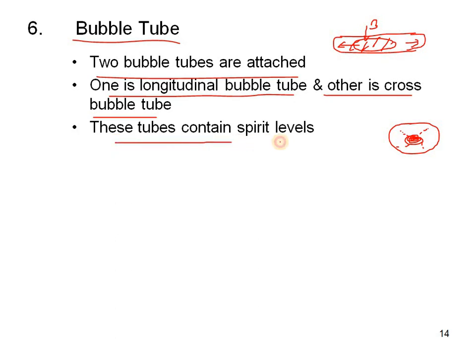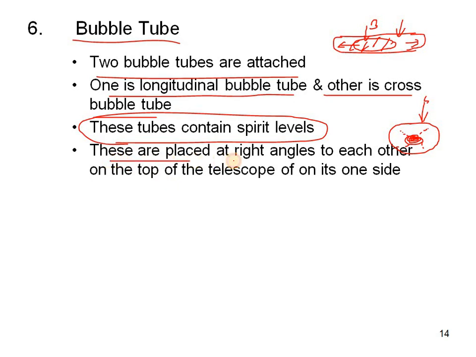And these tubes contain spirit levels. These two bubble tubes contain spirit. The surrounding portion is the spirit level type, so this circle portion also will have spirit level. Automatically, when it is on an equally flat surface, the bubble will be standing in the center.